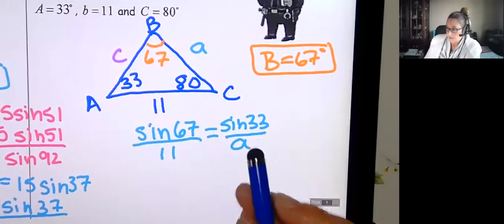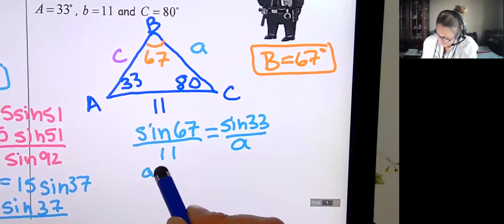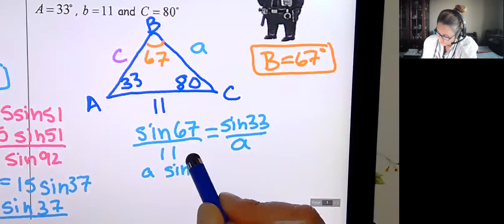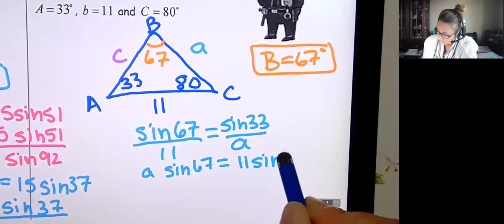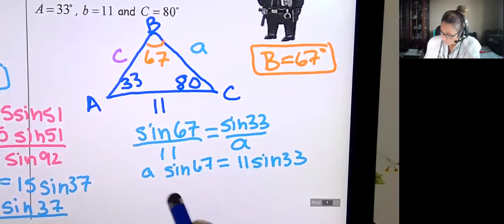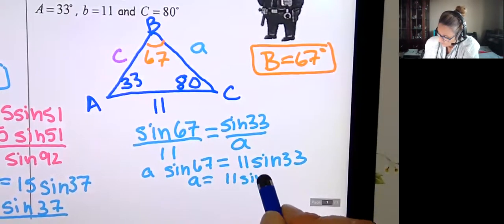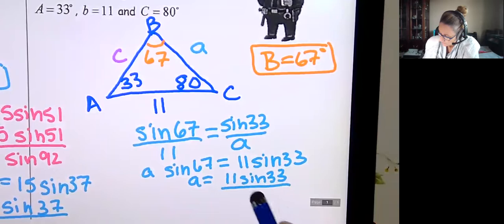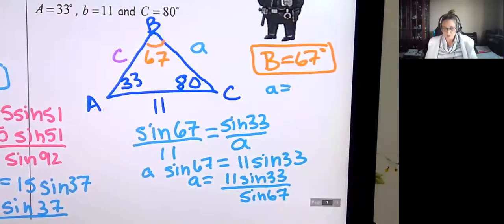Okay, and so when I cross multiply and solve, I'm going to get a sine of 67 equals 11 sine of 33. I'm going to divide both sides by sine of 67, so I'm going to get a is equal to 11 sine 33 over sine 67. And I'm going to put that into my calculator.